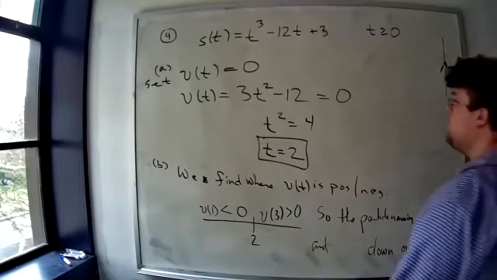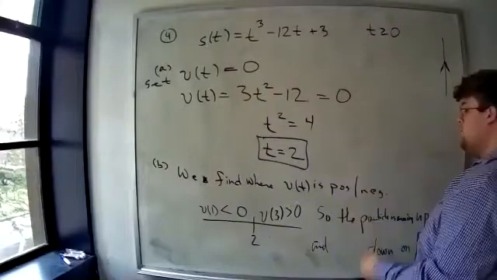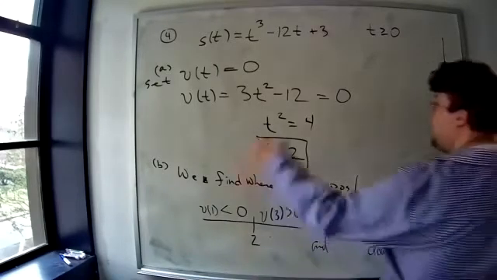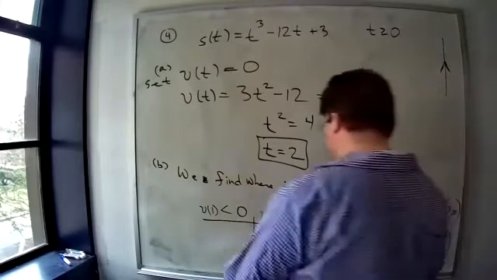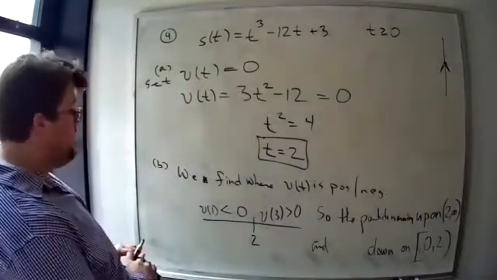Why? Well, let t equal 0, you get negative 12. So the velocity is negative at 0. So with these endpoints, you do have to take a moment and consider what's going on at the endpoints to determine if you have to include them. So 2 is not included, velocity is 0. 0 is included because velocity is negative. Any questions about part B?